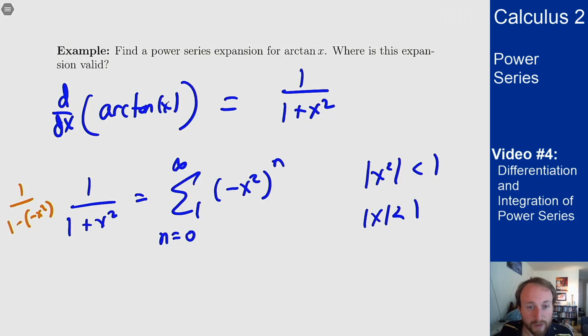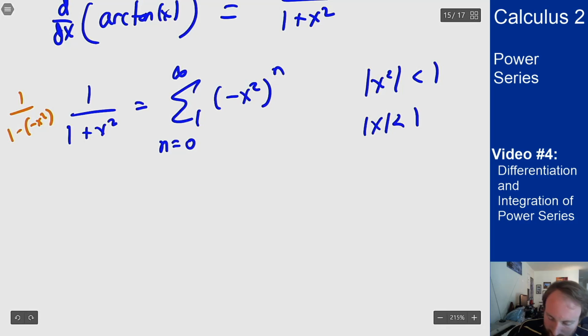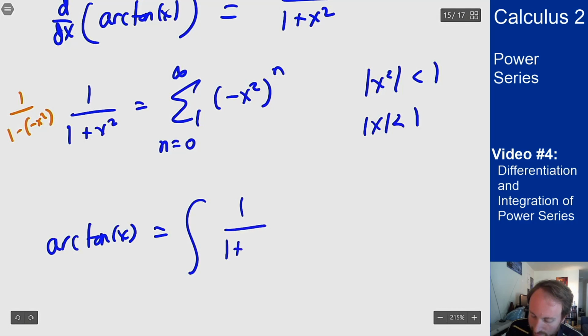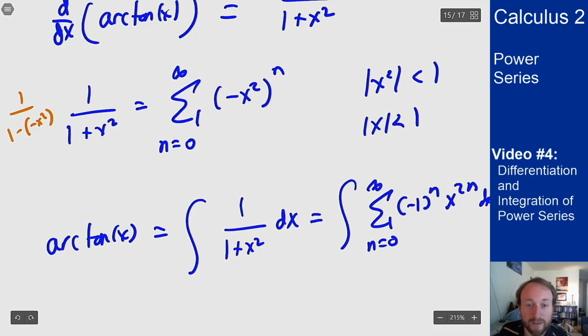How do I get to my answer from here? Well, now I need to integrate both sides. So then arctan of x should be the antiderivative of 1 over 1 plus x squared, which means I need to integrate this power series. And to make this easier to write out, I will split the (negative x squared) to the n into (negative 1) to the n and then x to the 2n.